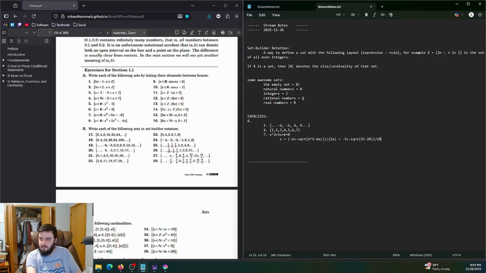I'll divide by 2. All right, so what does that give us for x? x is going to be, let's see, square root. Okay.